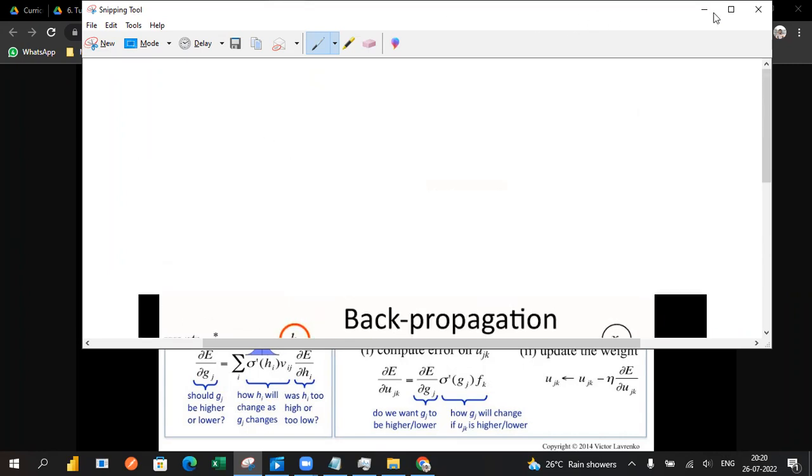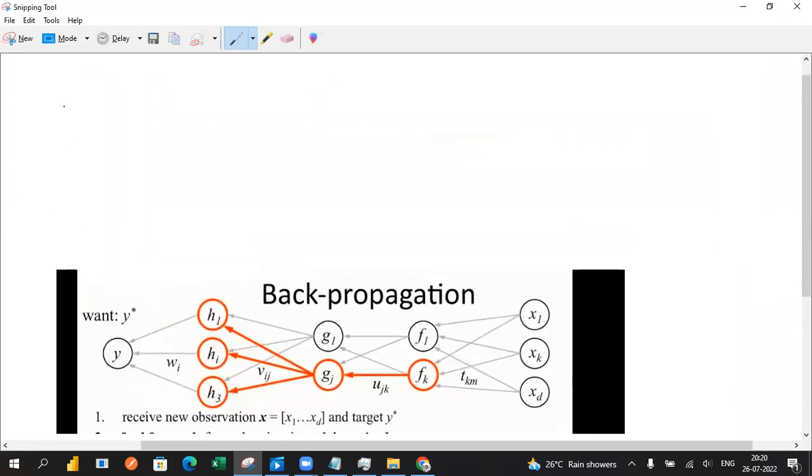I hope you already learned something called the chain rule in 11th and 12th grade. Suppose I take the derivative dl by dx1. Can I write dl by dx2 multiplied by dx2 by dx1? Because this part is going to cancel, I will get this one only, right?